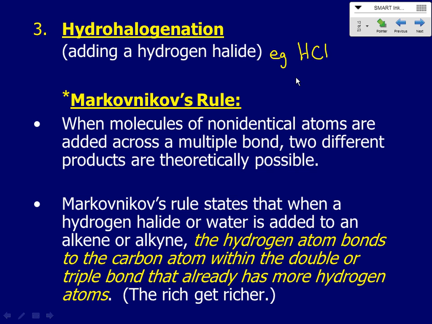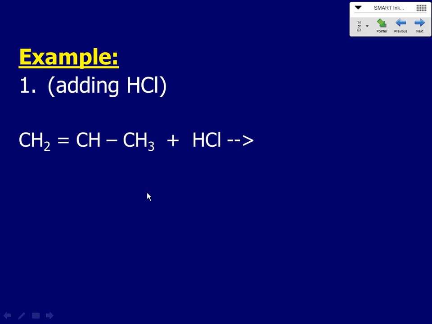Markovnikov's rule really only works when you've got hydrogen and something else being added into that double bond or triple bond. Let's take a look at some examples here.